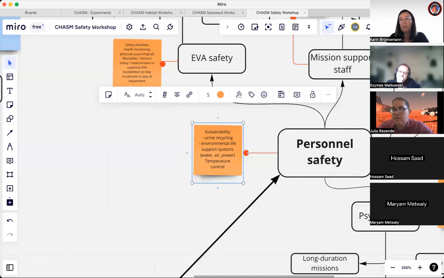Also in Habitat Marte in Brazil, we have air conditioning, but if you have a problem in the air conditioning to keep the temperature around 23 Celsius, we would have inside like 40 degrees, and this also would be risky, related to the heating and cooling systems in the process.